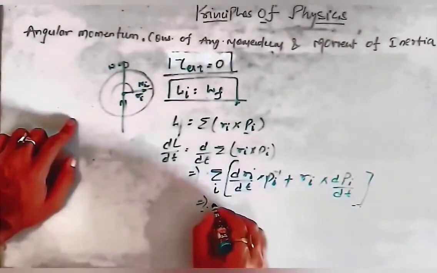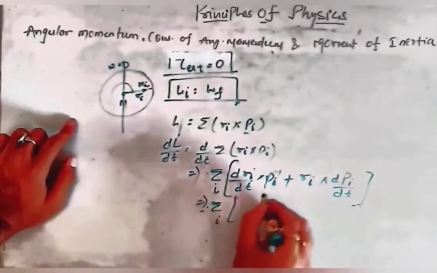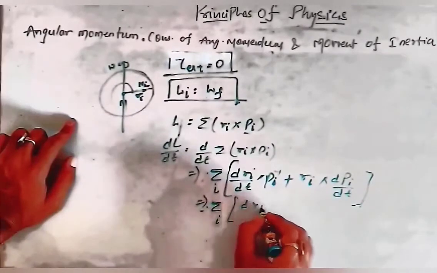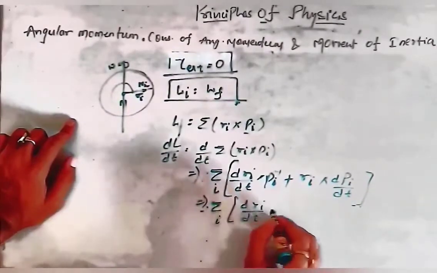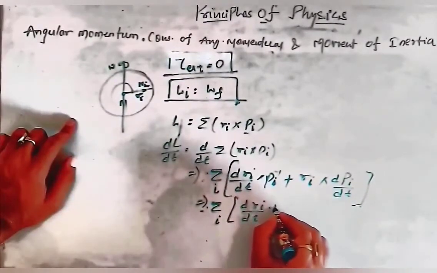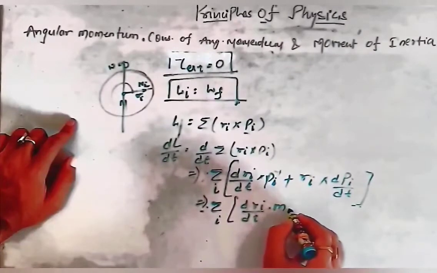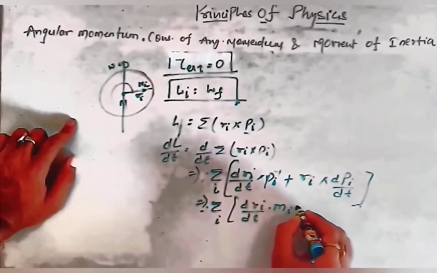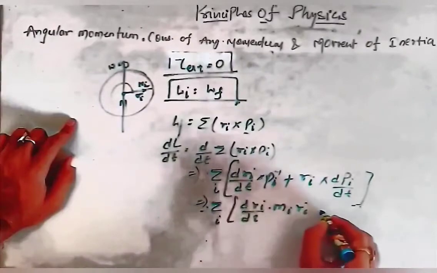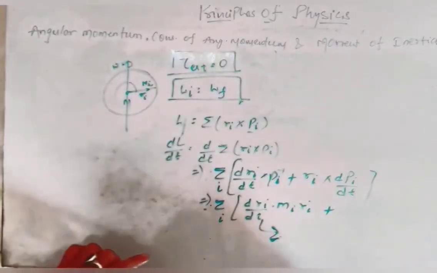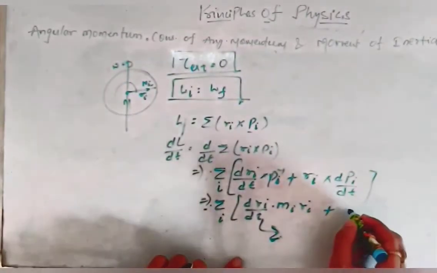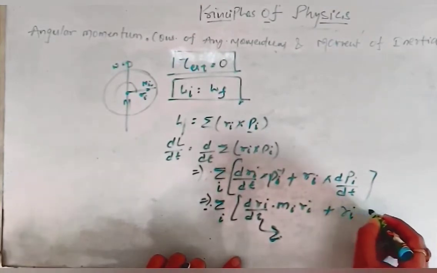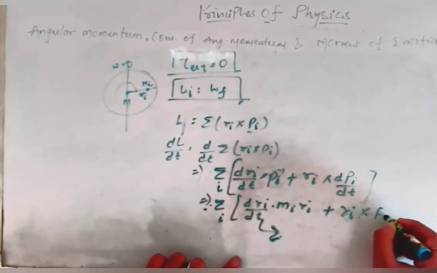And we can write pi as dri by dt into mi, plus ri cross Fi.